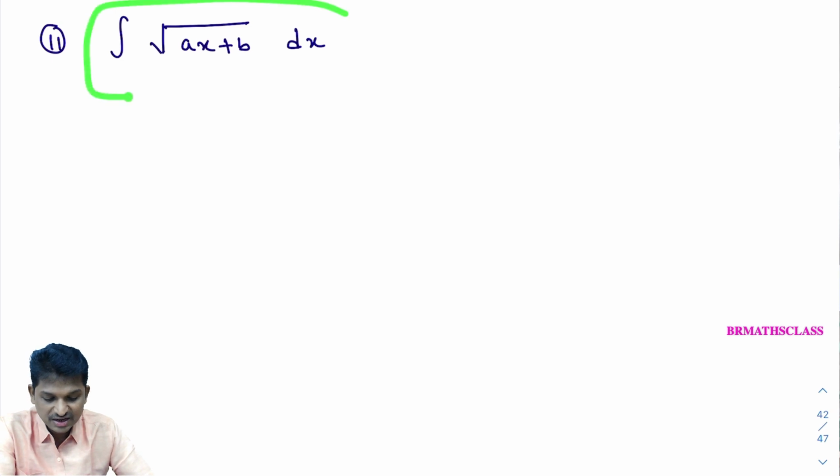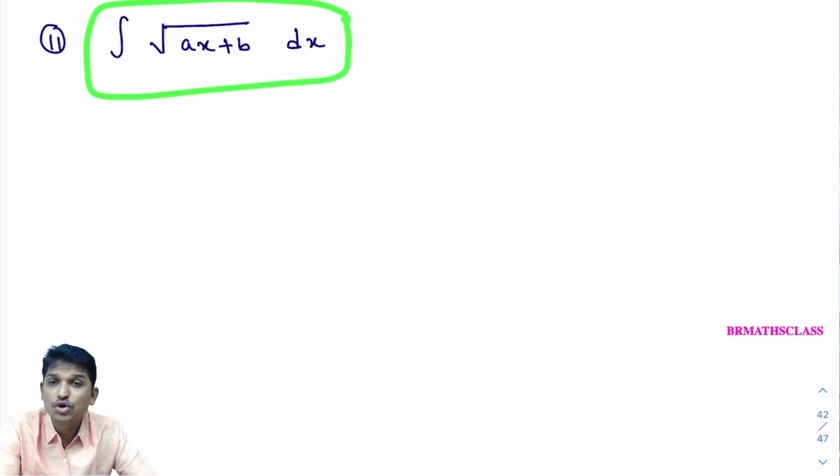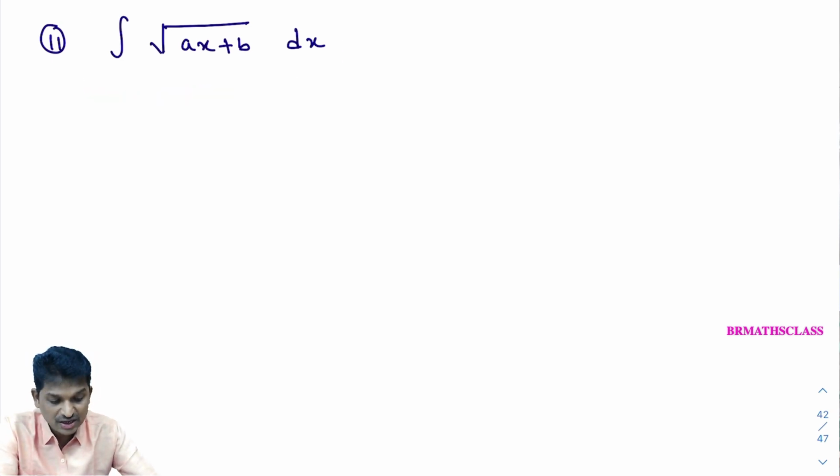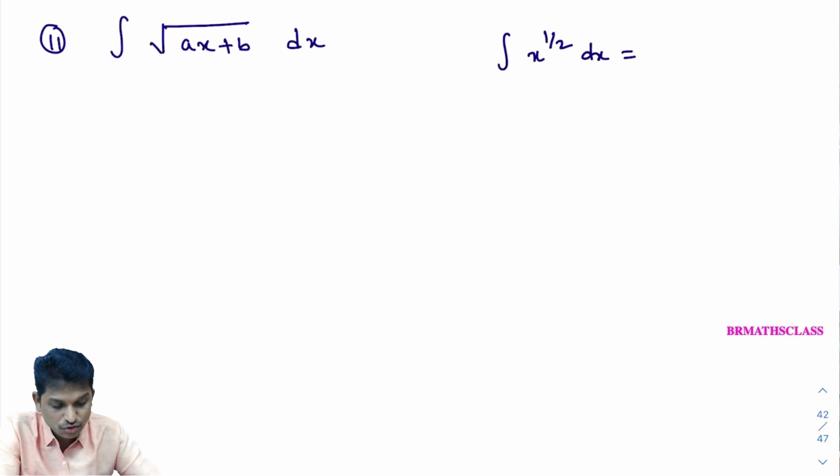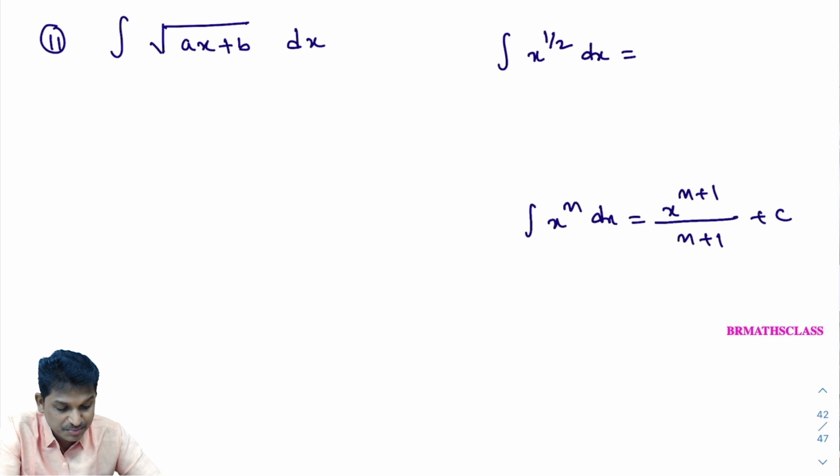Okay, good. Now question number 11. You see this one, integral of root over ax plus b dx. Actually in last class we learned this. Suppose root can be written as power 1 by 2. Integral of x power 1 by 2 dx is there. How to integrate this? You know this formula. Which formula? Integral of x power n dx. What is integral of x power n dx? x power n plus 1 divided by n plus 1 plus c.